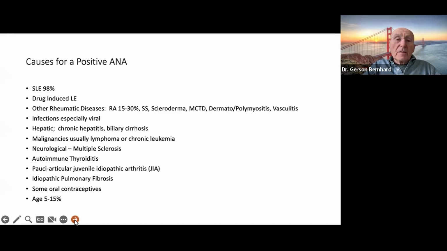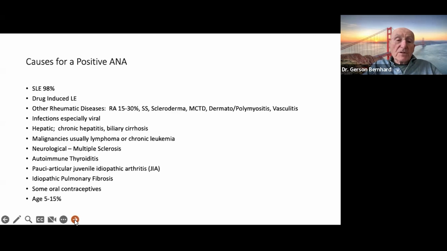Now, why do people have positive ANAs? Well, look at this: drug-induced LE, a lot of other rheumatic diseases, including rheumatoid arthritis and all the other ones that are somewhat familiar to you. Certain viral infections will also give you at least a transient positive ANA.